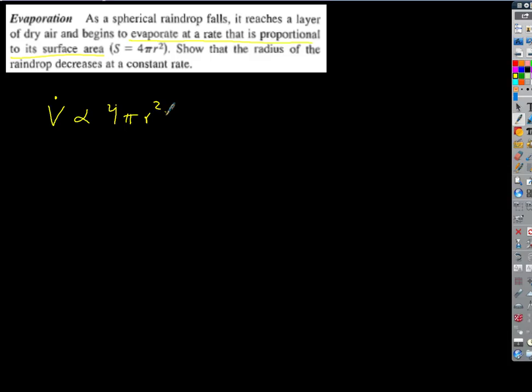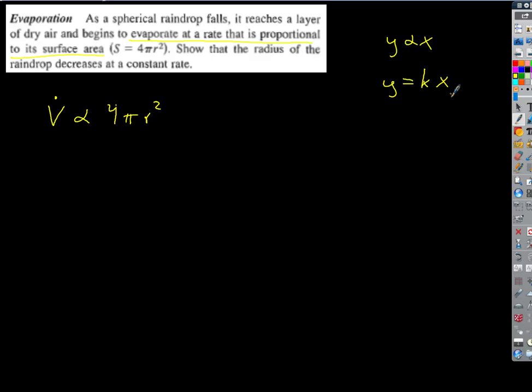If y is proportional to x, how can I write that as an equation? y equals Kx, where K is the constant of proportionality.